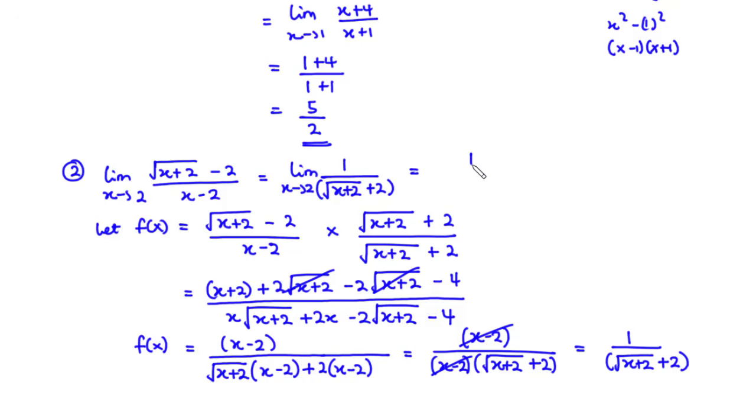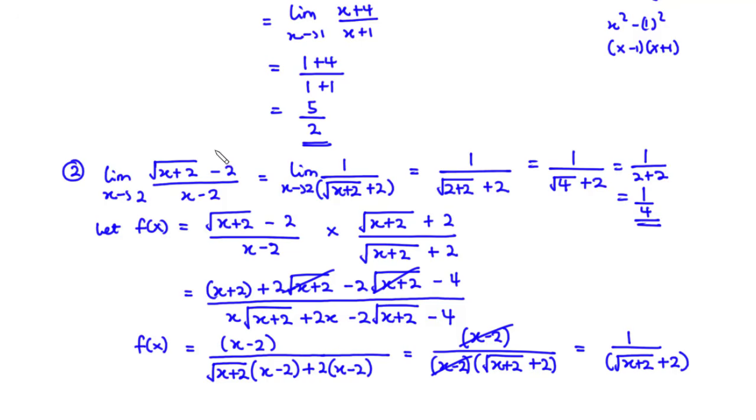So we have 1 over square root of 2 plus 2 plus 2. Now 2 plus 2 is 4. So we have square root of 4 plus 2. Square root of 4 is 2. Therefore 1 over 2 plus 2, and that is equal to 1 over 4.